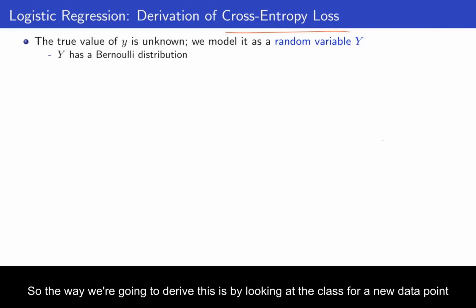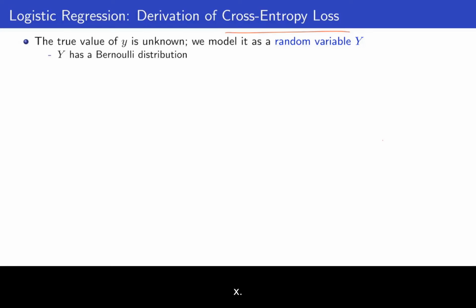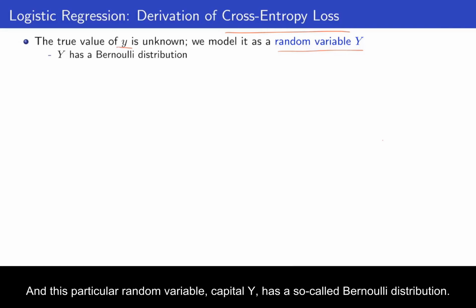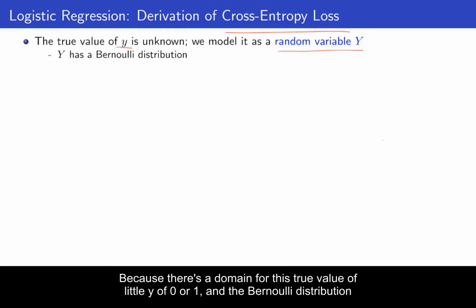The way we're going to derive this is by looking at the class for a new data point x. The true value of this class, little y, is unknown, and so we model it as a random variable. Since random variables are typically denoted with capital letters, we denote this as capital Y. This random variable has a so-called Bernoulli distribution, because the domain for this true value of little y is 0 or 1.